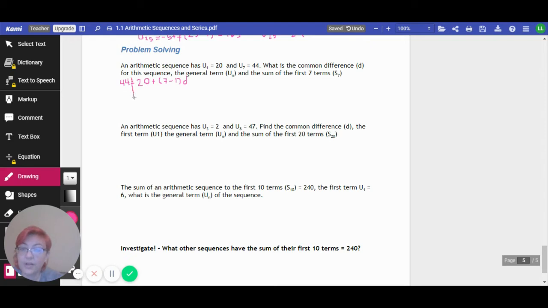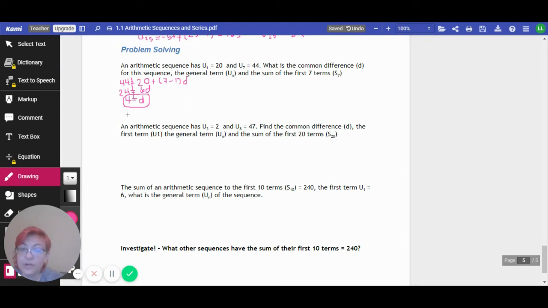If I subtract 20 from both sides, I get 24 equals 7 minus 1 is 6, d. Divide both sides by 6, and we find that 4 is our common difference. So that is the first part of our answer.